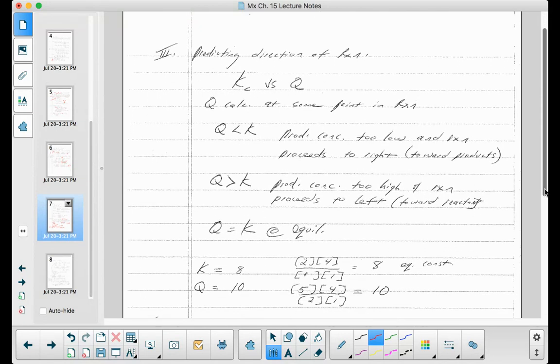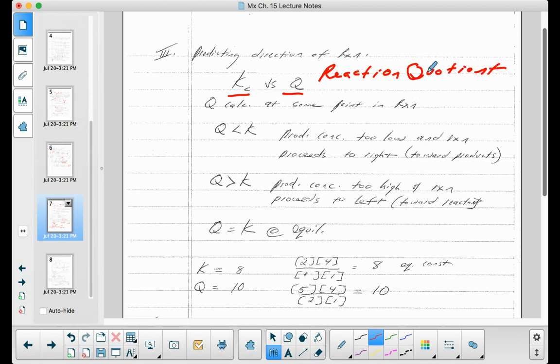So we need to have a way to predict the direction of a reaction. And so what we use is a comparison between Kc and Q. Q is considered the reaction quotient.